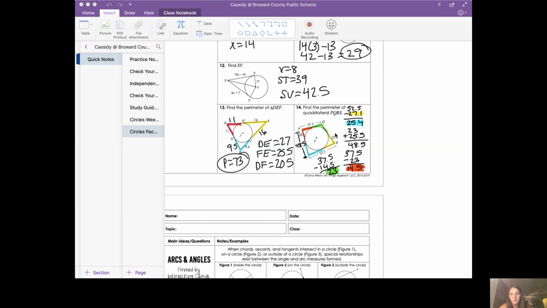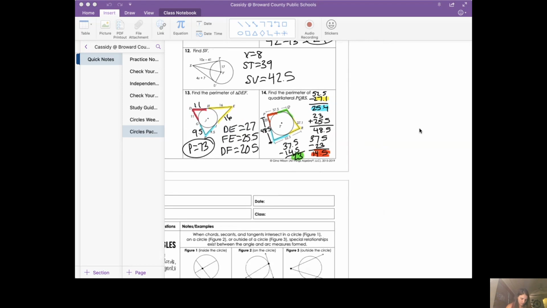Last piece that we need to do, I'm going to do it all off to the side right here. We know PQ equals 37.5. We know QR equals 27.1 plus 23, which is 50.1. We know that RS equals 52.5, and we know PS equals 48.5.